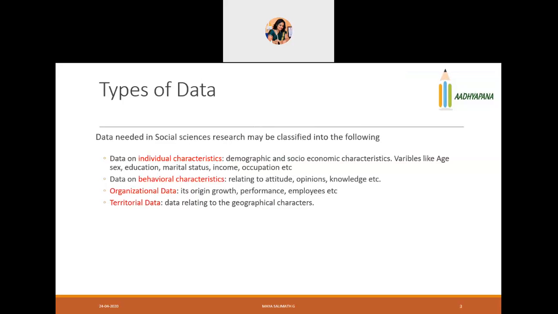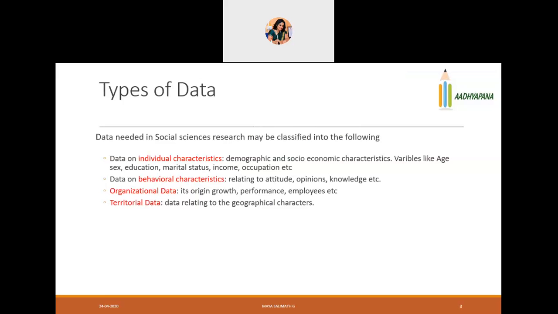For example, when we talk about compilation of data, it is like how many people from this age to this age have been our respondents. How many people married, not married, have been our respondents. Though we call them samples, that is the data we usually collect from the samples.